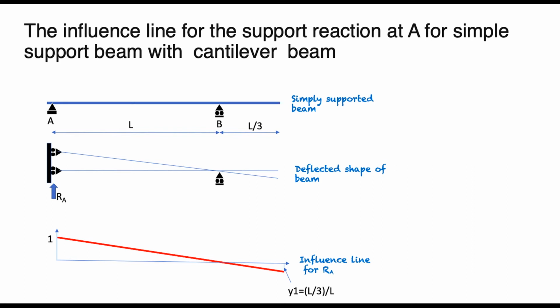For example, if you want to get RA influence line, it's by applying 1 unit load to the support A, then we can get the value 1 unit positive on support A, and then it will reduce linearly to 0 at support B, and then deflect at cantilever part. With Y or ordinate can be calculated by using the similar triangle as before.